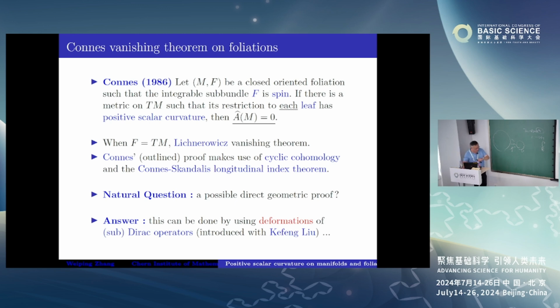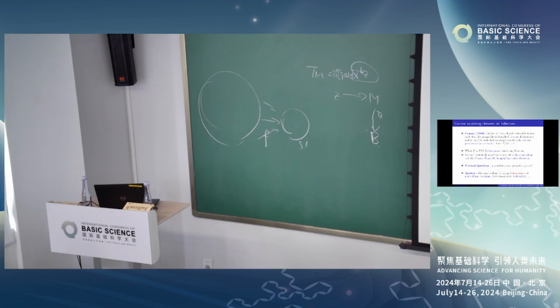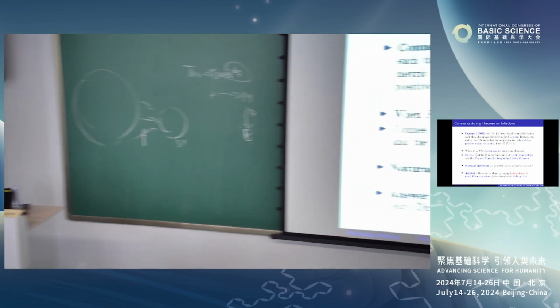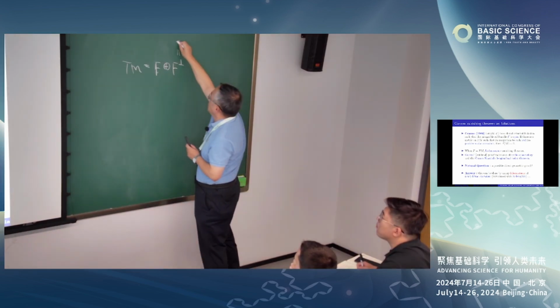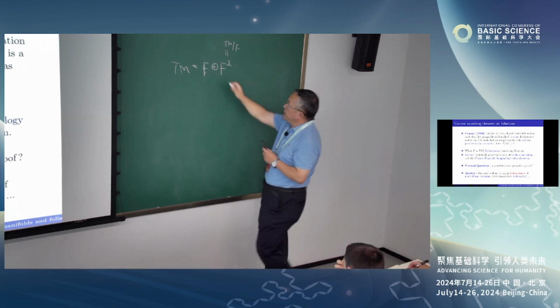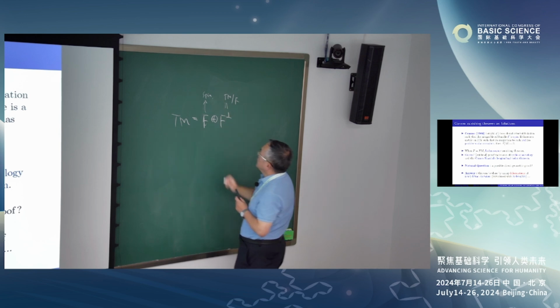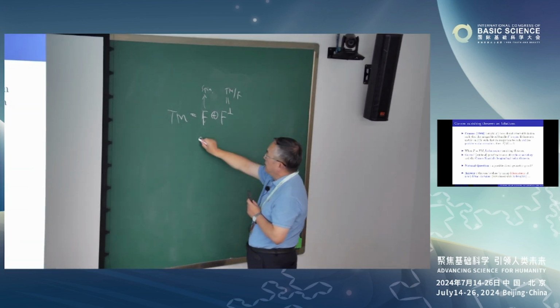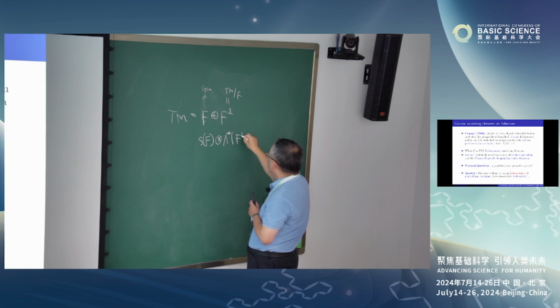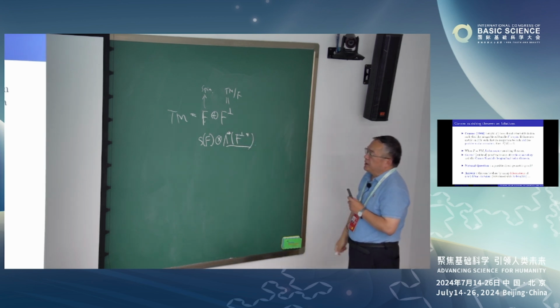So what we do in the first case is that we construct what we call the sub-Dirac operator. If you have a manifold with TM equal to E plus F, with E the orthogonal complement, identified with the normal bundle, and we assume only F is spin, so the total manifold is not spin, we can consider the spinor bundle of F tensored with the exterior algebra of this normal bundle.